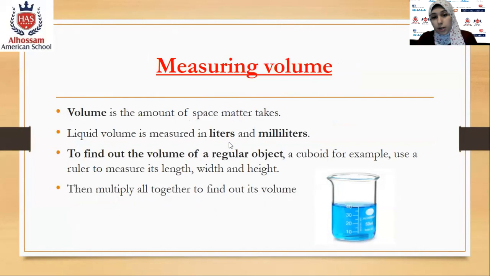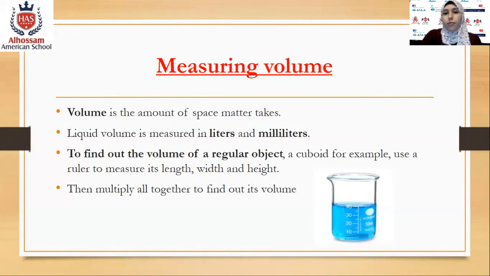To find the volume of a regular object, a cuboid for example, use a ruler to measure its length, width, and height, and then multiply all of them together to get the volume.